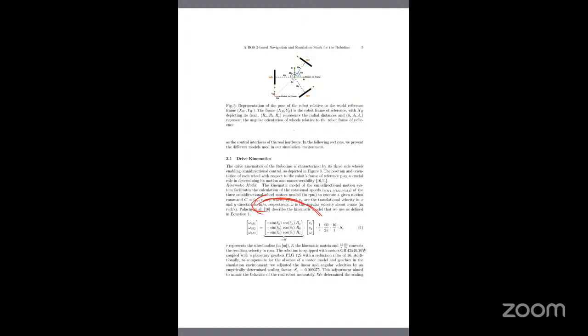So this motion command is converted to the wheel speed. These three represent the RPM of the three wheels, say 120 RPM, 180 RPM, 90 RPM, etc.